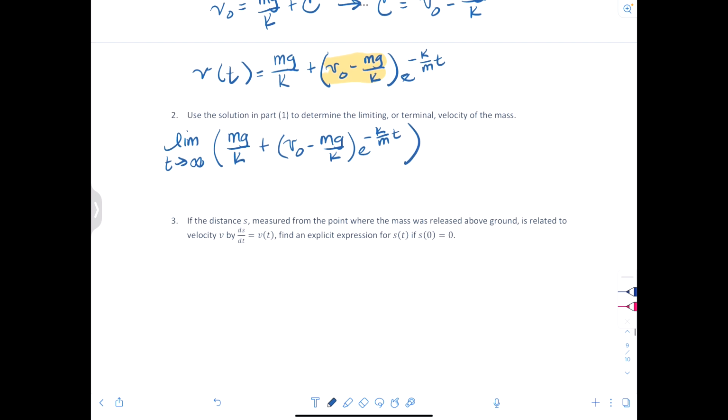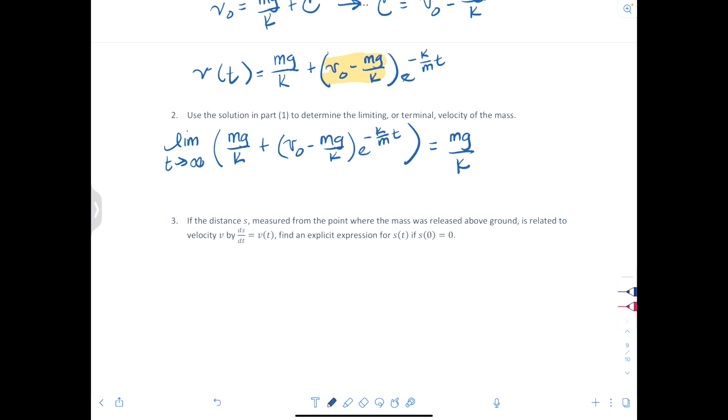And remember, the limit of a sum is the sum of the limits. And so the mg over k is just a constant. All right, so you'll get the constant. The limit of a constant is the constant.